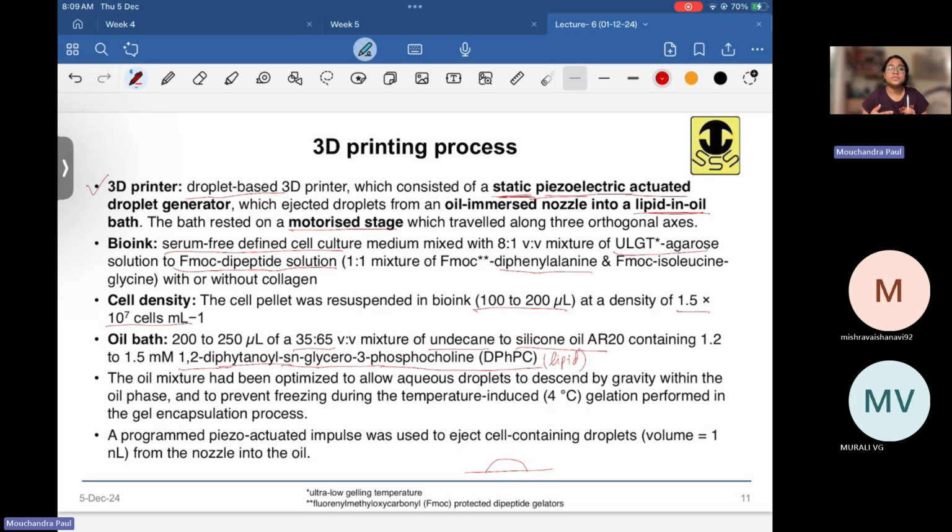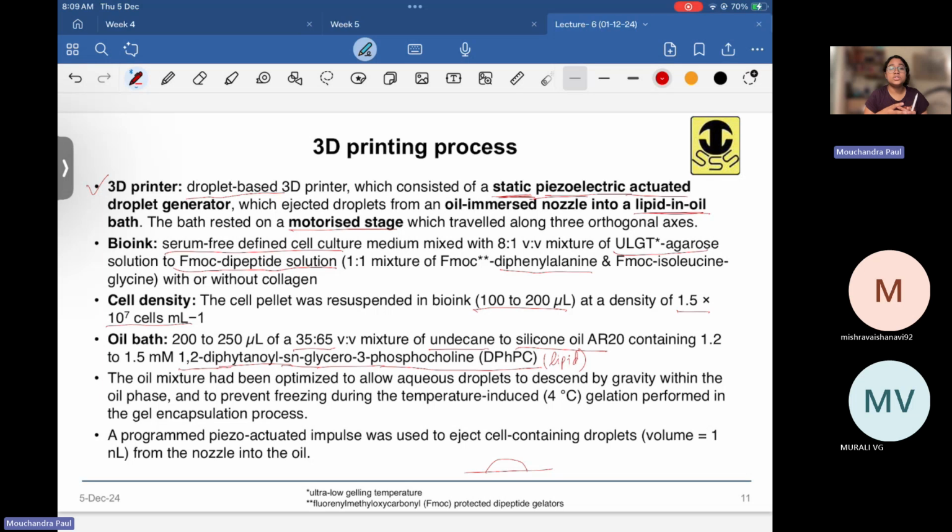Oil also helps in making sure that your drops don't get frozen, all right? They don't experience a very high cold shock when they are going to form gel at a very low temperature. The agarose that they're using, I told you, gels at a very low temperature. I'll show you later what they are doing after printing in oil: they are gelling the entire construct, because in oil it is all drops.